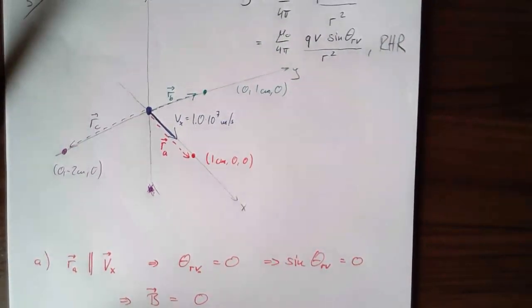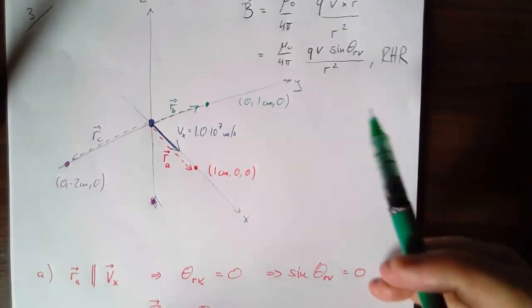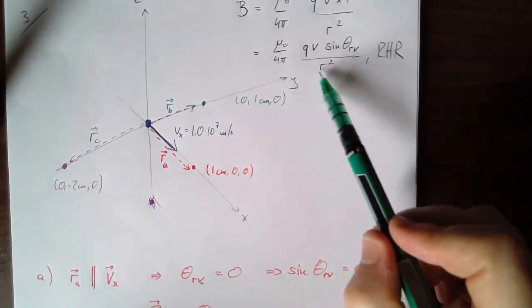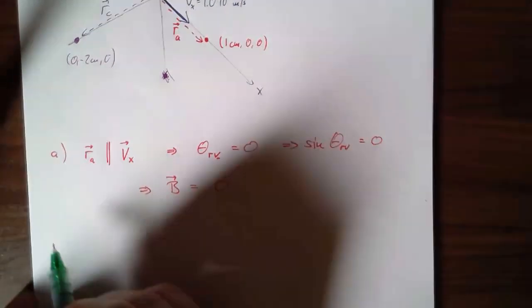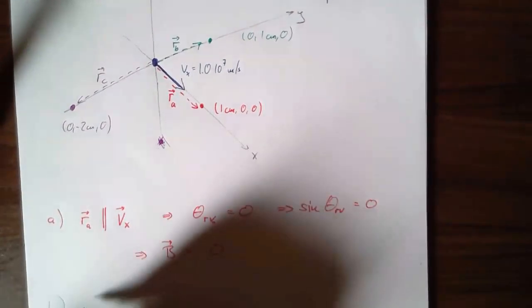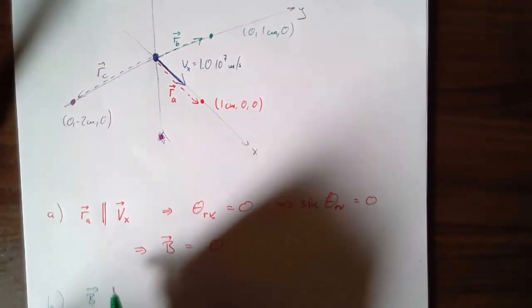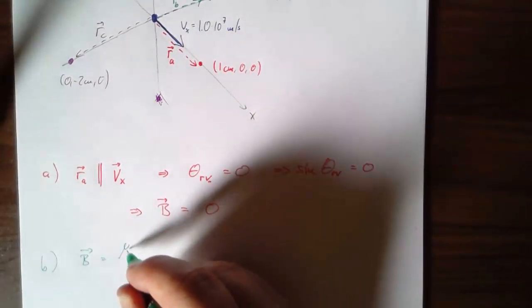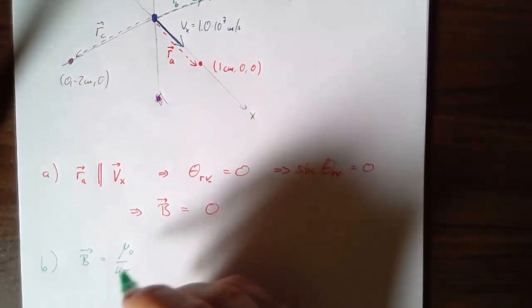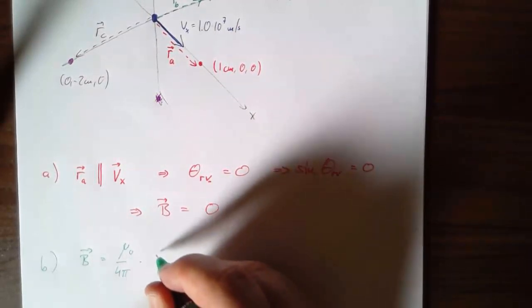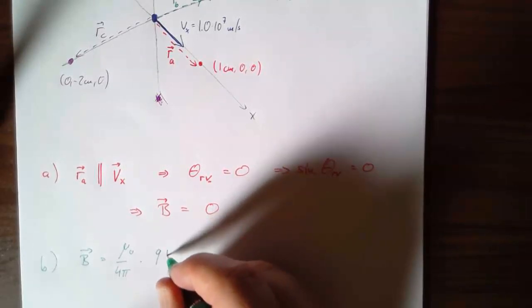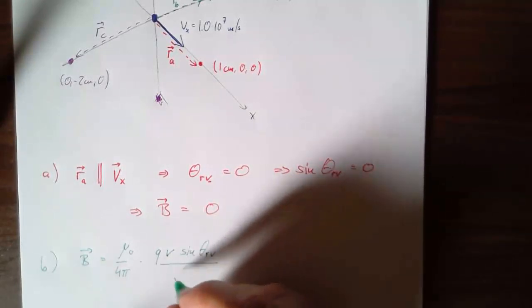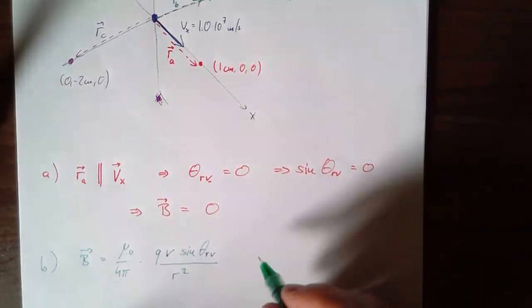And for part B, I'm going to very explicitly use this expression here. So I'm going to have B equal to mu naught over 4 pi, those are just constants, and I'm going to let you figure out what those are, times Q V sine of theta between R and V, divided by the distance squared, and then using the right hand rule.